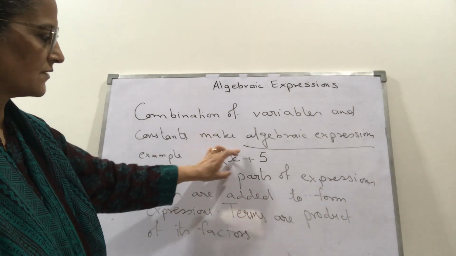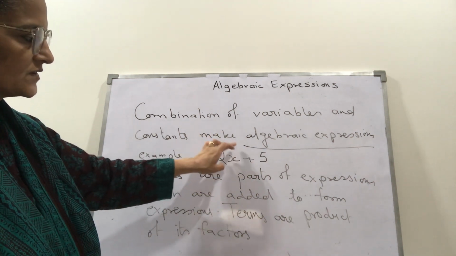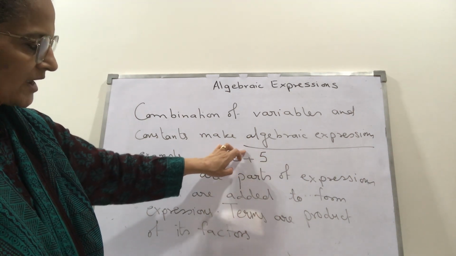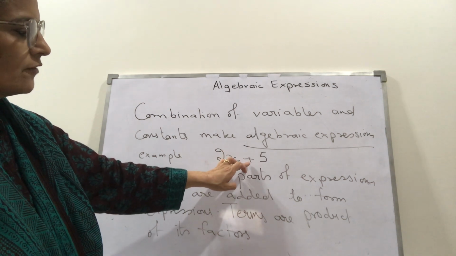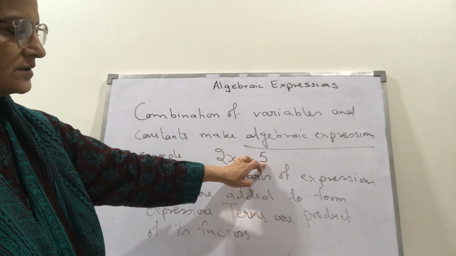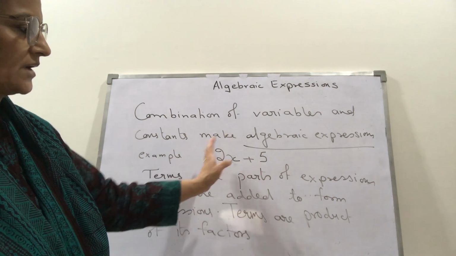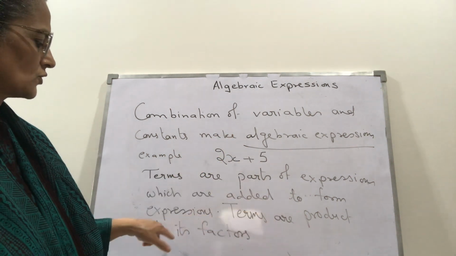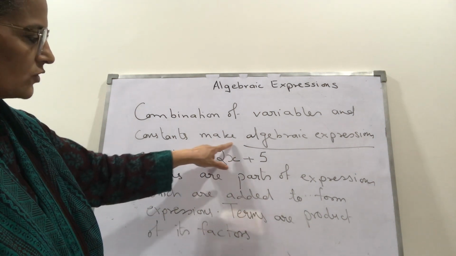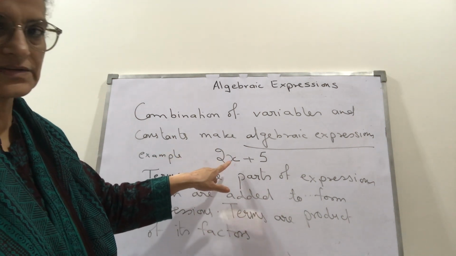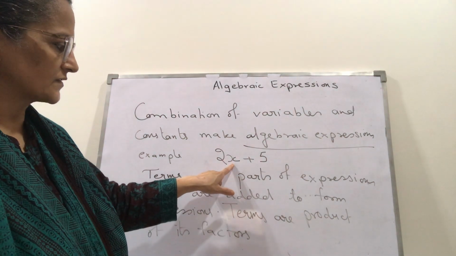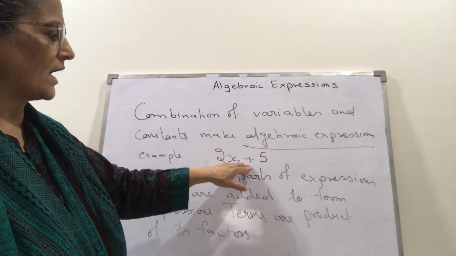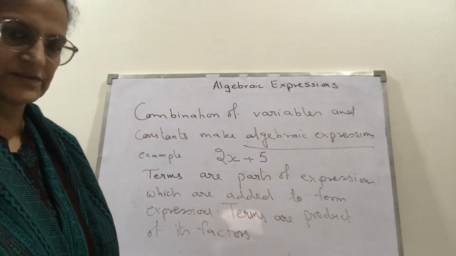Sometimes there is a minus sign also which goes with the term when you separate the terms from the expression. So terms are products of its factors. If I talk about 2x, its factors are 2 and x. So when you multiply, you get the term, and when you add these terms, you get the expression.